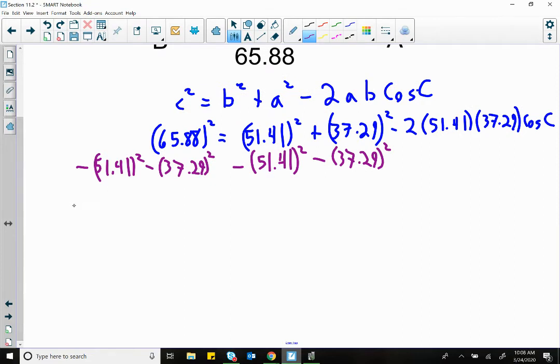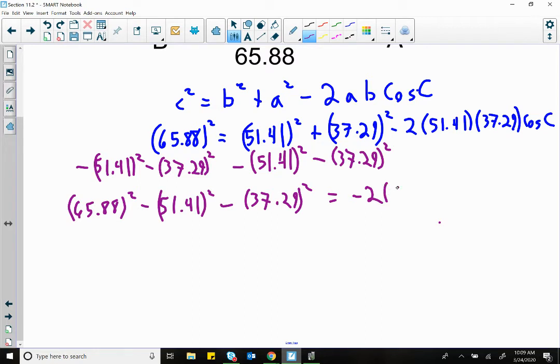So what we have is 65.88 squared minus 51.41 squared minus 37.29 squared equal to negative 2 times 51.41 times 37.29 cosine C.